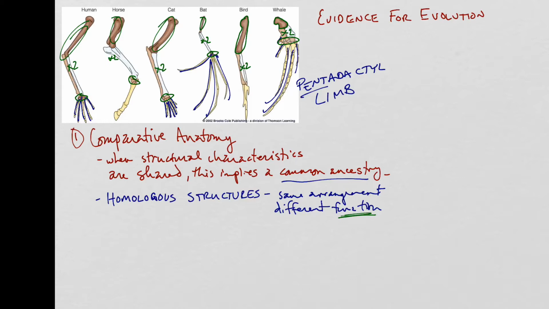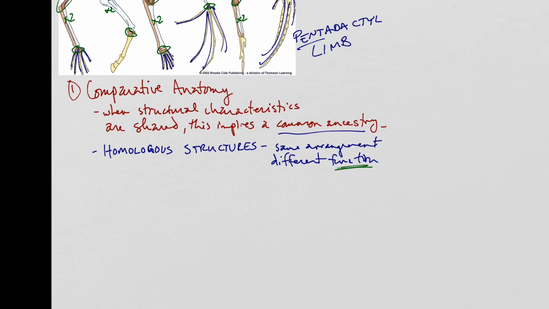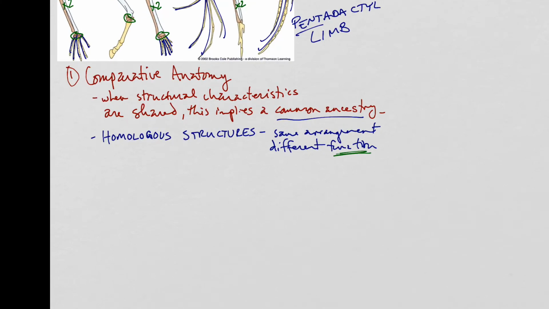But because they have different functions, it means that, am I still on green? I'm still on green. Okay. Because they have a different function, it means that this is an adaptation to use a specific unoccupied niche.